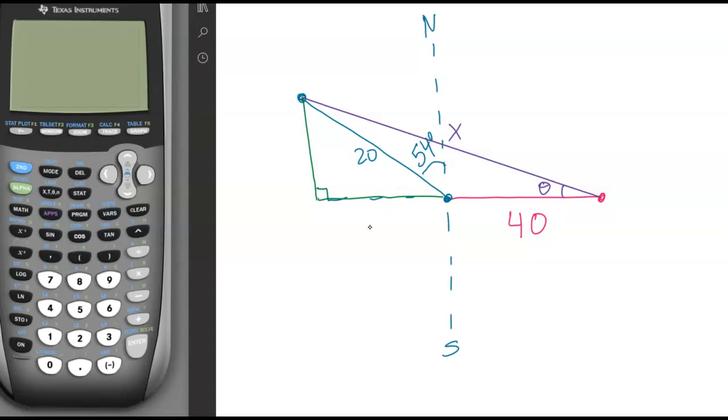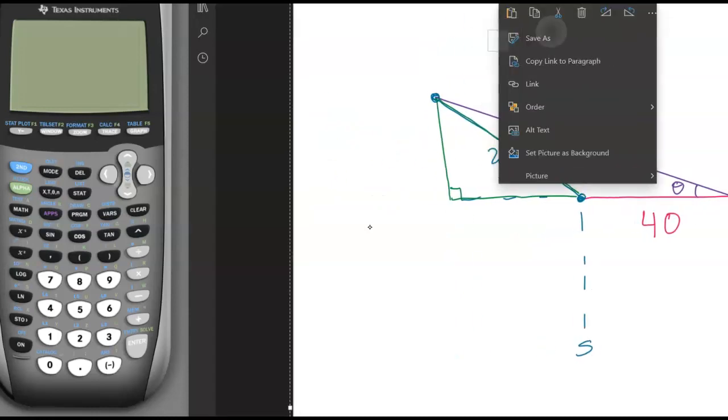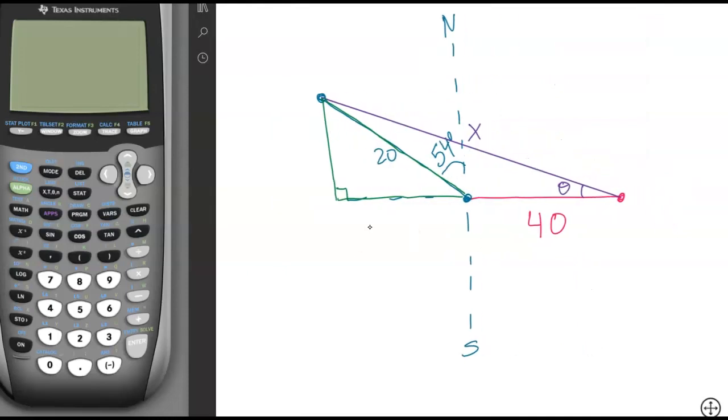But if I first find the height of the smaller green right triangle, that will also be the height of the bigger right triangle. We'll call this y. And then if I find the base of the smaller right triangle, we'll call that z, we will know the full base of the bigger right triangle.